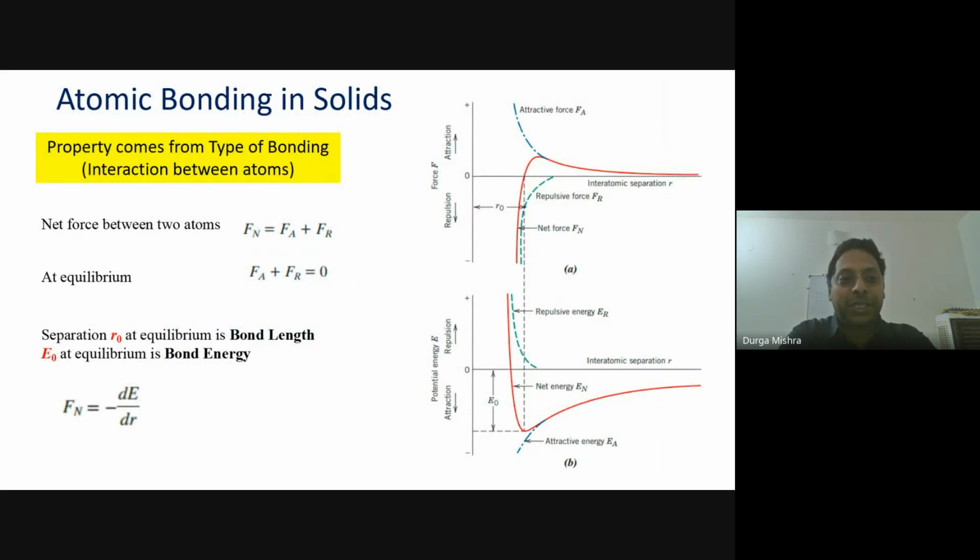So this is like we are going into a more fundamental aspect of the materials now. We can say the atoms or molecules are the building blocks of our solid, and whatever property we are talking about is related to structure, or indirectly, it comes from what kind of bonding is there.